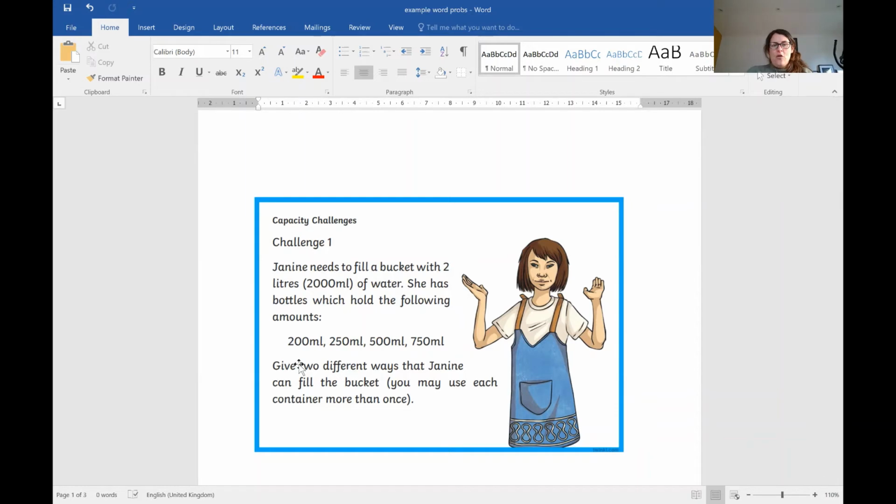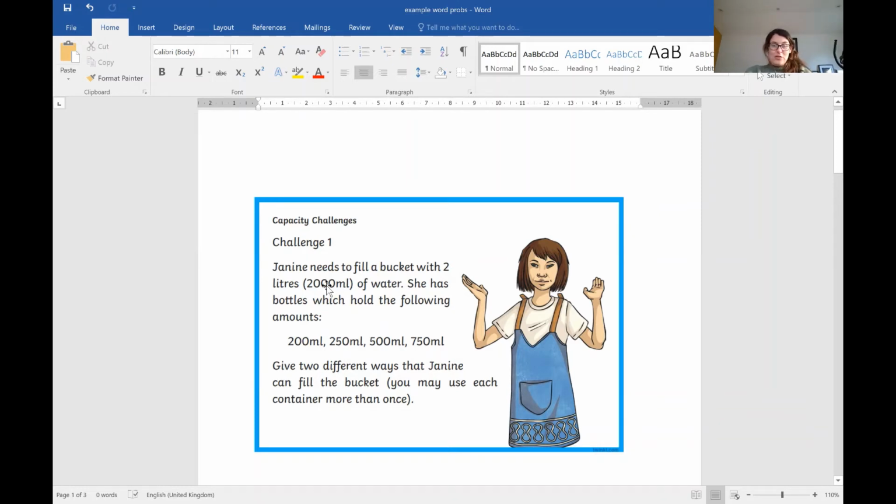So therefore, I also know that 20 goes into 200 10 times. So 200 millilitres is going to go into 2,000 millilitres 10 times. Okay, so we would need 10 lots of the 200 millilitre bottle to fill the 2,000 millilitre bucket.